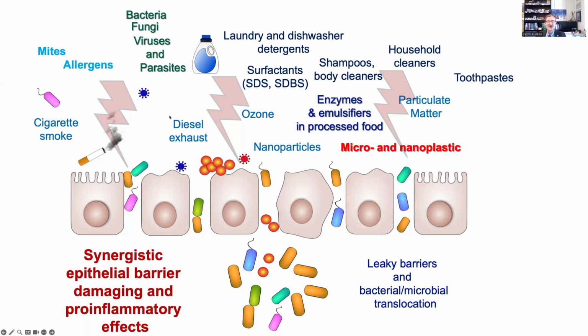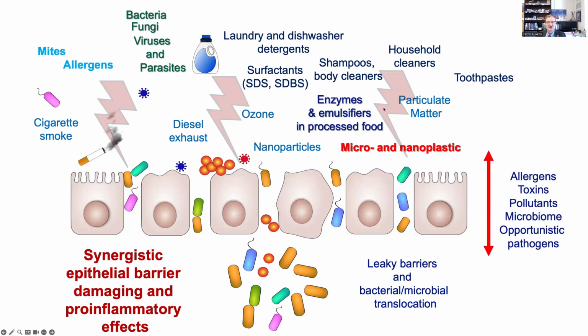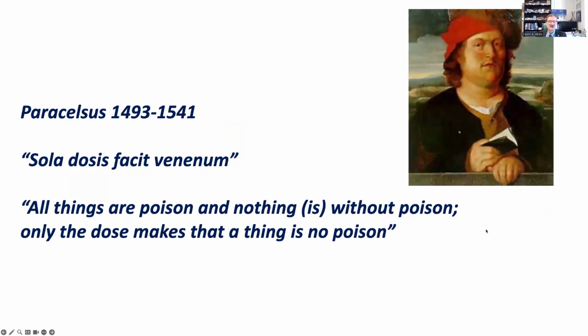Just think of a patient with house dust mite allergy who is exposed to laundry and dishwasher detergents, is also exposed to particulate matter in the house, and is continuously eating processed food. So this is quite bad. Then allergens, toxins, pollutants, microbiome, and opportunistic pathogens are passing deeper in the tissues.